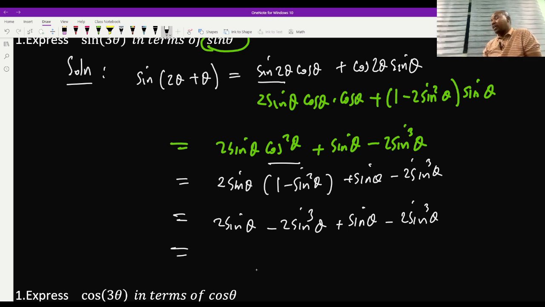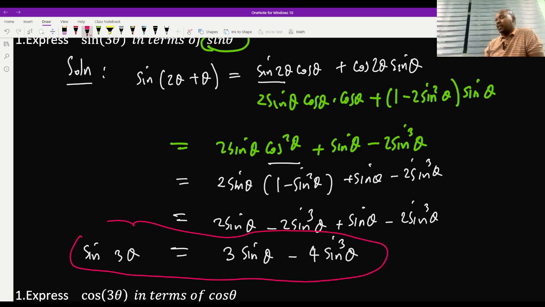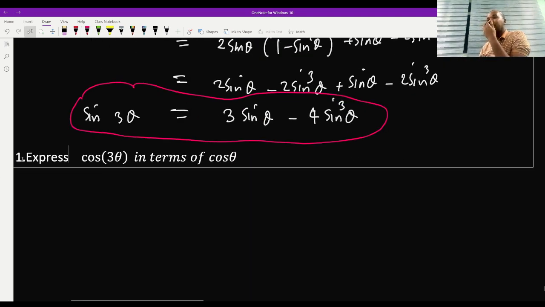You combine like terms now, and you'll have 3 sine theta minus 4 sine cubed theta. So that is sine 3 theta, dear students. That is the expression corresponding to sine 3 theta expressed in terms of sine theta.